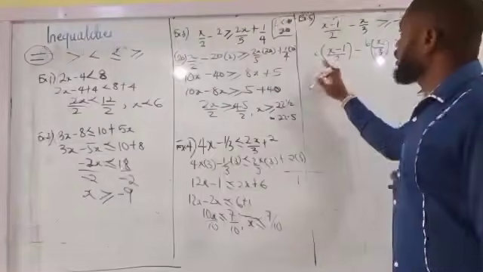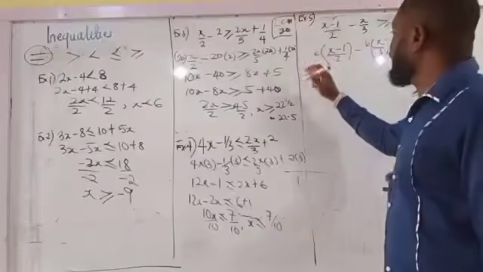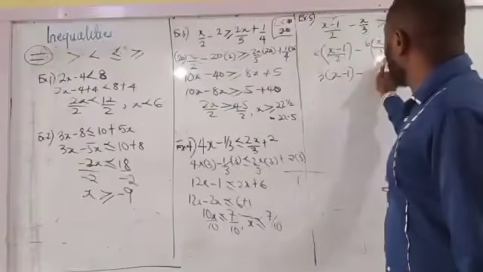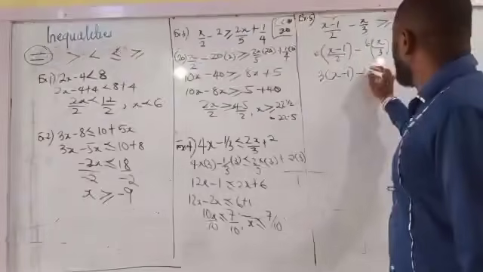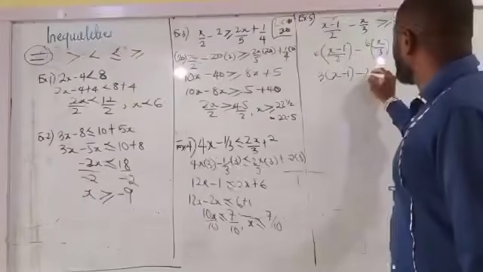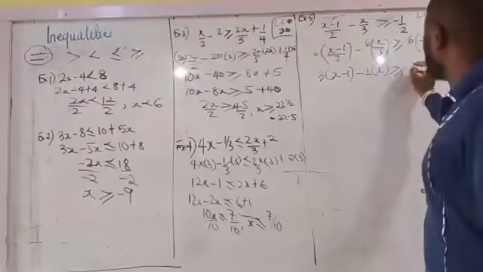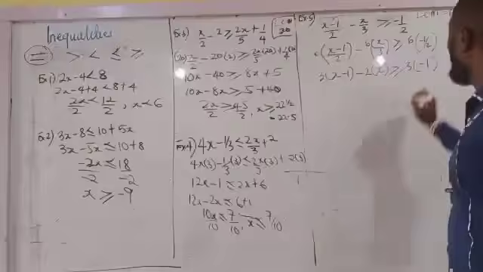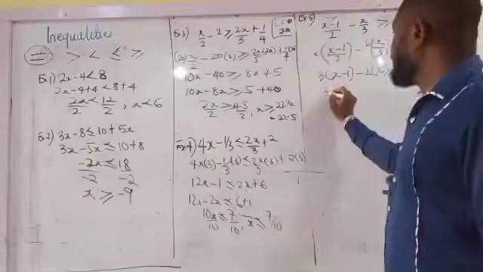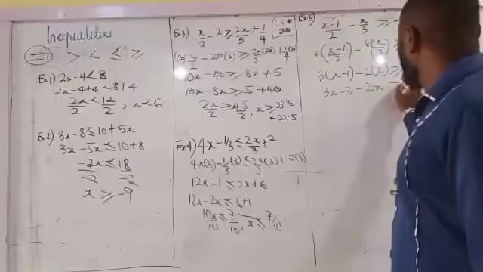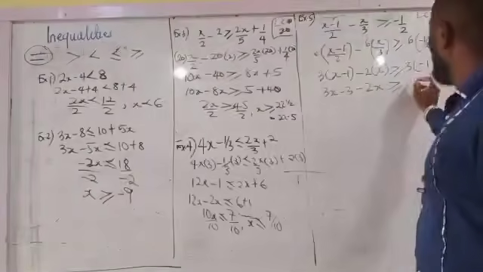If I cancel out, 2 divided into 6 is 3, so I have 3x minus 1. Then 3 divided into 6 is 2, so I bring out 2 bracket x, and 3 divided into 3 gives 1, with minus 1. Opening the bracket, I have 3x minus 3 minus 2x greater than or equal to minus 3.